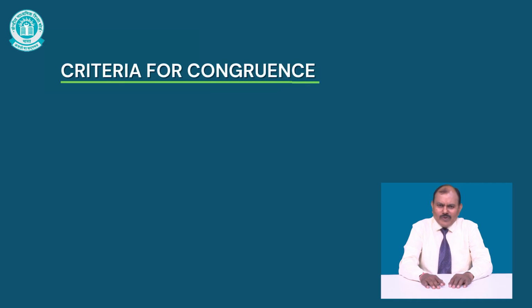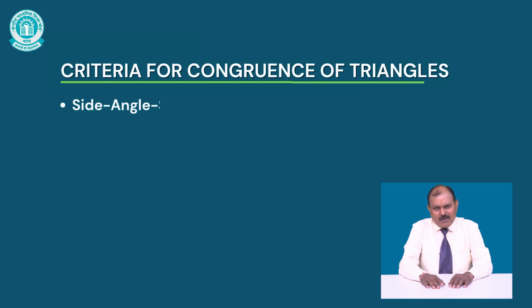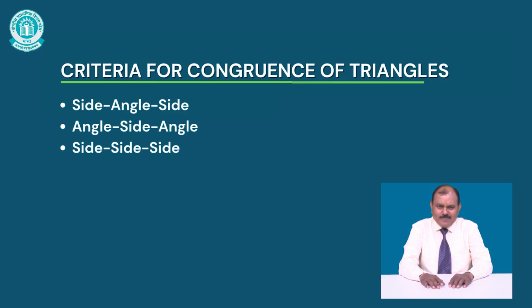Two triangles are congruent when they are exactly the same in shape and size. There are some criteria for congruence of triangles: side, angle, side; angle, side, angle; side, side, side; and right angle, hypotenuse, side.